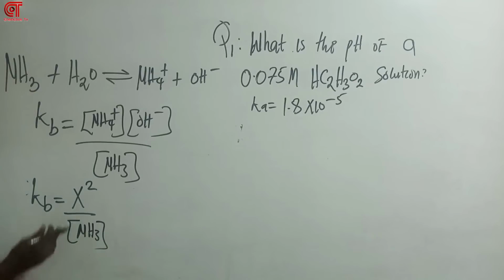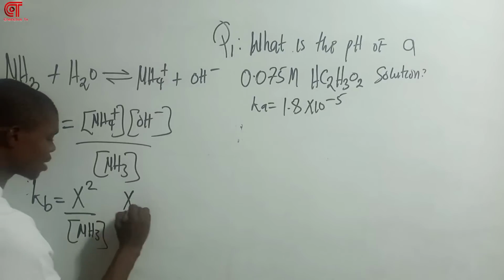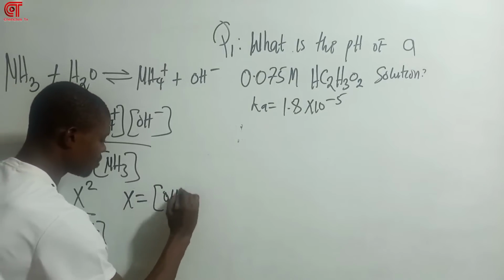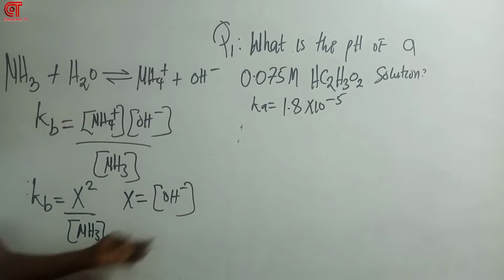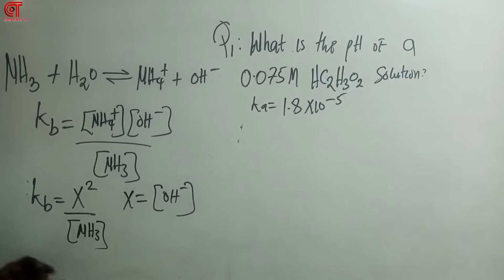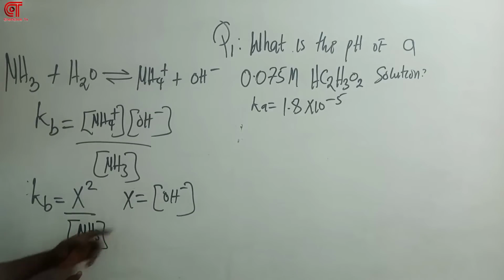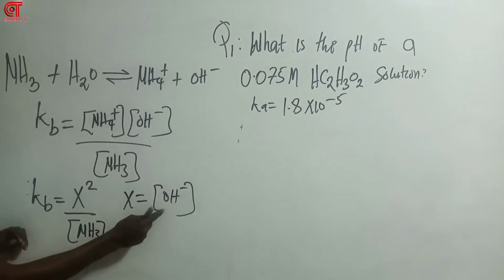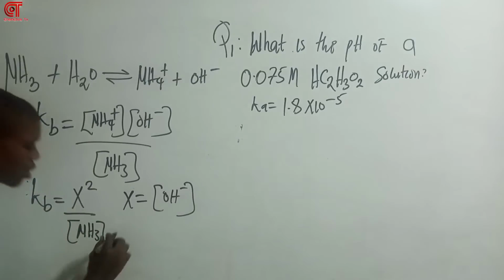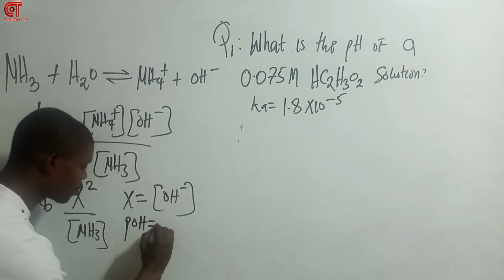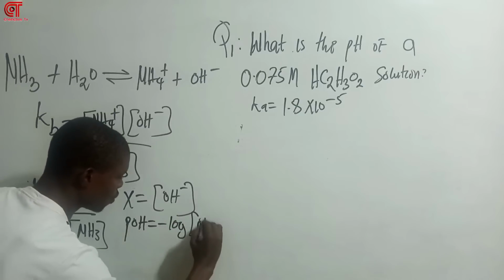Since we are talking about the base, my x is always equal to the OH minus concentration, the hydroxide ion concentration. Once I look for my x, I can easily calculate my pH. Remember, if I need to calculate the pH of the base, first I calculate pOH equals minus log OH minus.